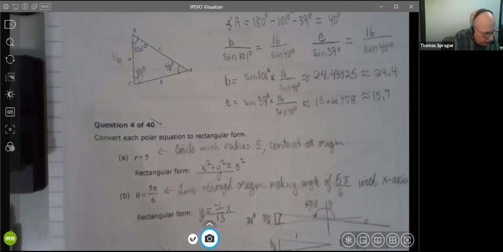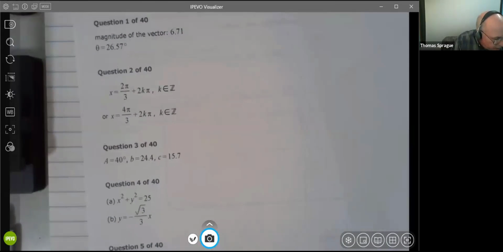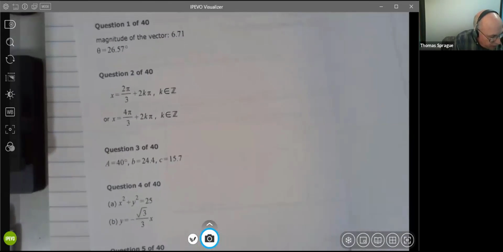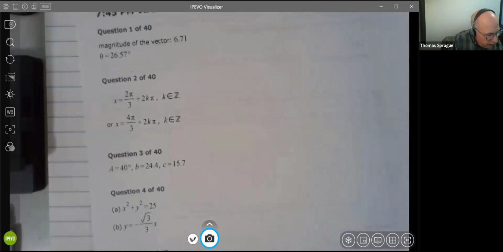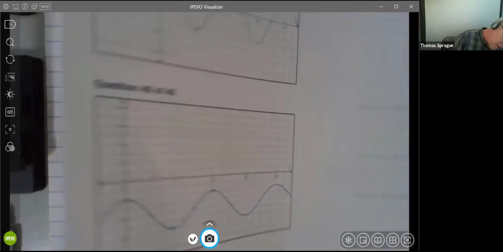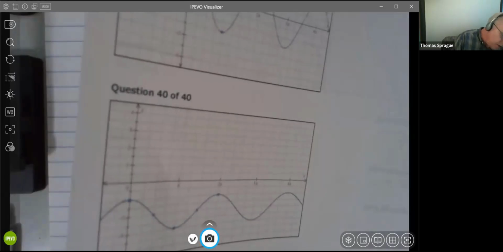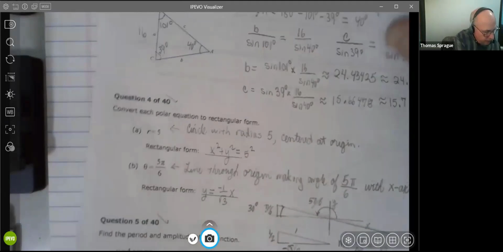Yep. And let's check the other ones. 2 pi over 3 and 4 pi over 3 plus 2k pi. Yep. And 6.71. Oh, I had the exact value. And 26.57. Yeah, those are good.